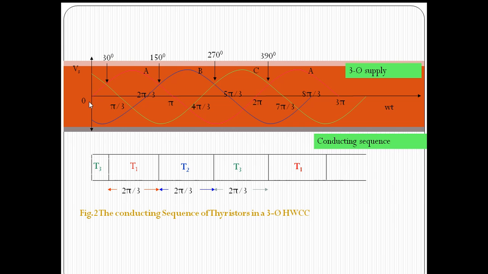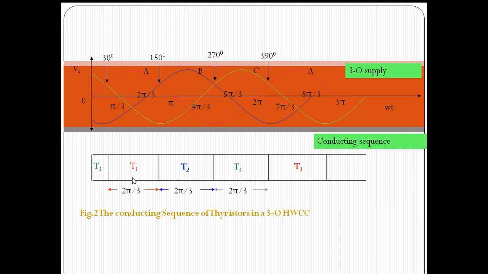If we closely observe, phase A will be more positive at the angle of 30 degrees, phase B will be more positive at 150 degrees, and phase C will be more positive at 270 degrees.